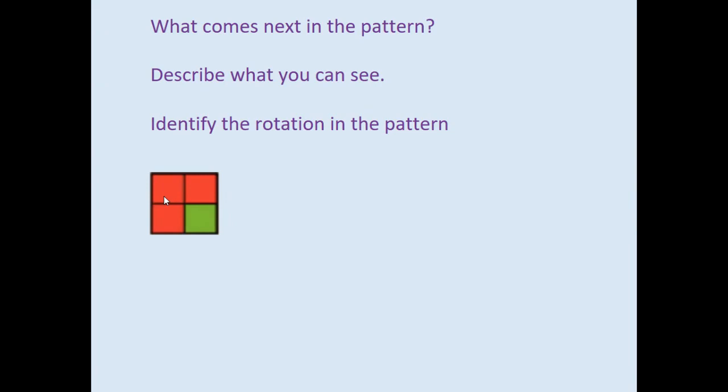Right, what I have done here now is, again, I have drawn the shape where I have coloured in 3 squares red and the fourth one green. So if I number them, 1, 2, 3, 4, so my fourth square is green. Now what I'm going to do is I'm going to give you the next 2 shapes where I have turned the shape each time.